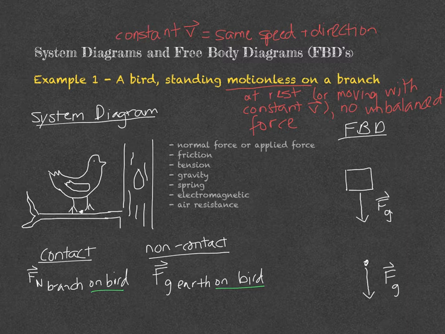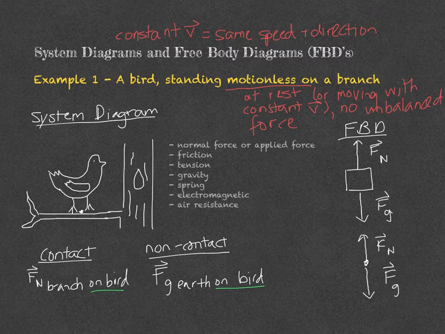That's why when you're sitting on a chair, you don't fall through to the center of the earth, because the ground or the chair is holding you up. And the same with this bird. It's not falling because the branch is holding it up. And we'll show that as our normal force in the up direction.